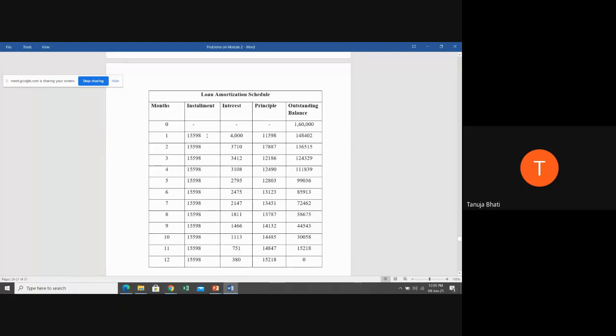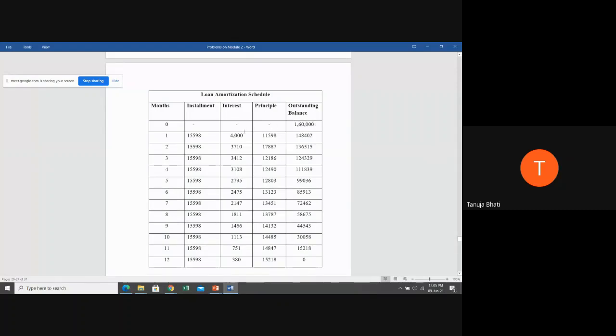Now, can anyone tell me how do we calculate interest? How did I get this 4,000 rupees? How do I calculate interest? Remember, students, interest is always calculated on the outstanding balance of the previous month or previous year, respectively.